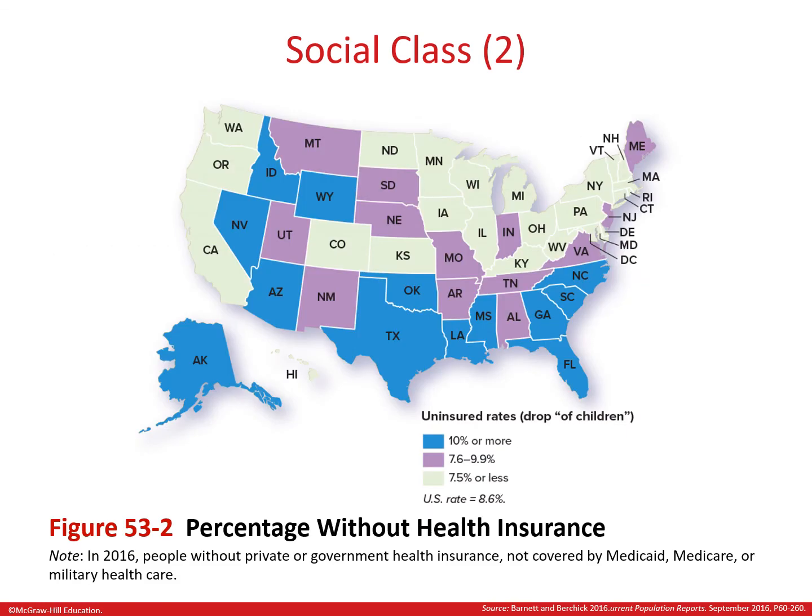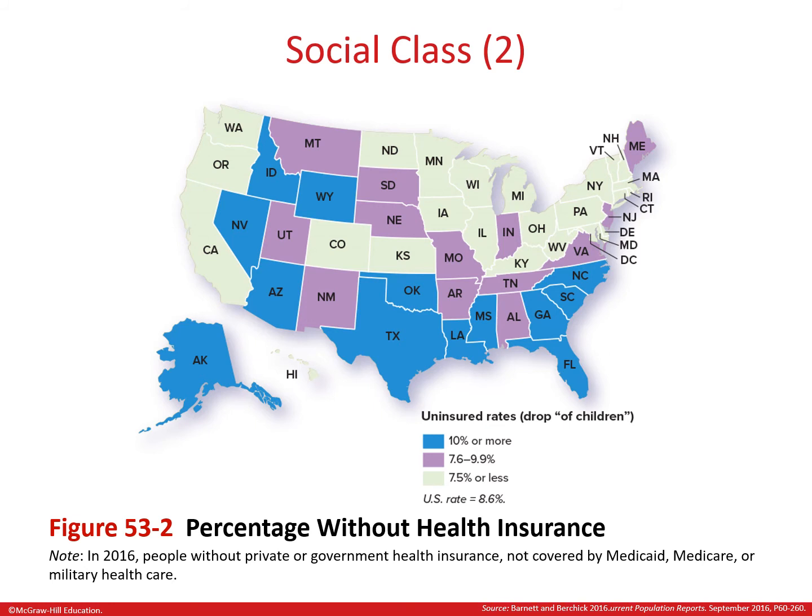And here we have a map of the United States that shows the percentage of people without health insurance, the uninsured rates. The blue shaded states are 10% or more uninsured. The U.S. rate is 8.6%, so those states shaded in blue are higher than the U.S. as a whole.